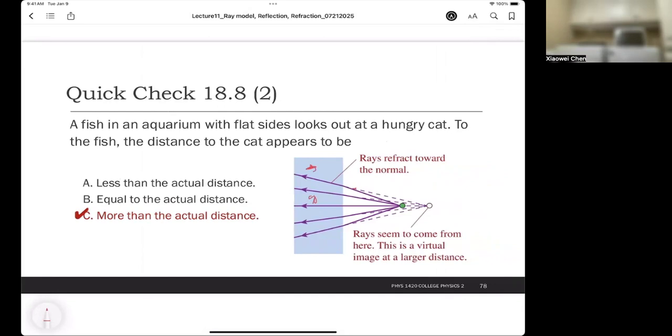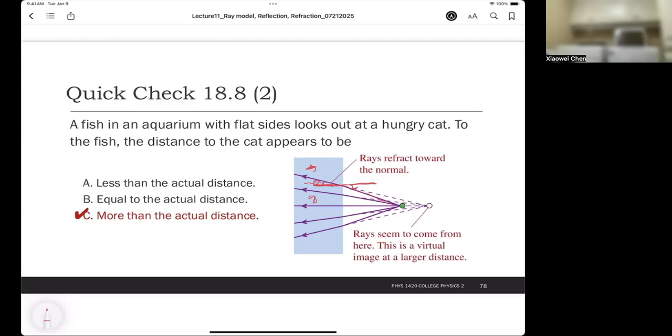When the fish sees items outside the tank, there will be a refraction phenomenon. You can see here that the index of refraction for water is greater than for air, so this theta should be smaller than this one, am I right?